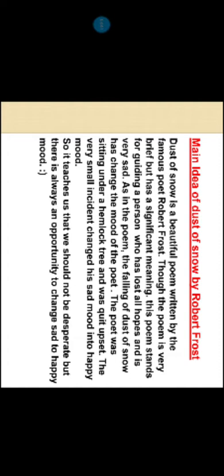This poem stands for guiding a person who has lost all hope and is very sad. One day the poet is very sad, so they are describing as if for one person who had lost hope. In the poem, the falling of dust of snow has changed the mood of the poet. The poet was sitting under a hemlock tree and was quite upset.